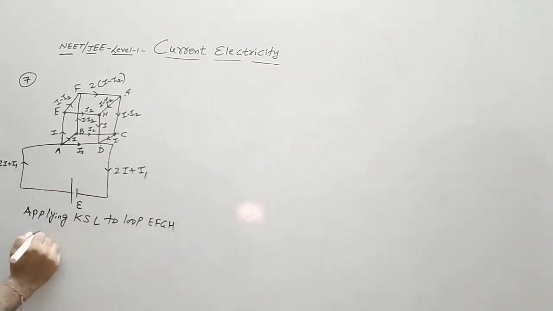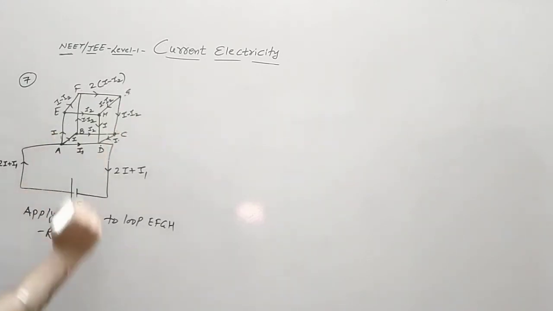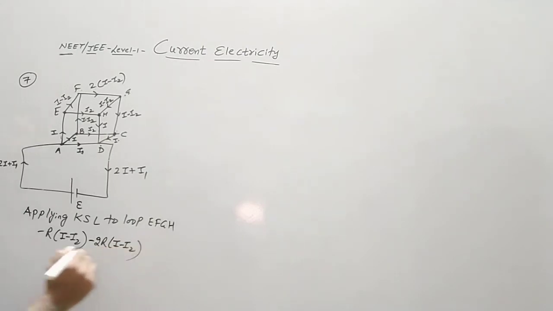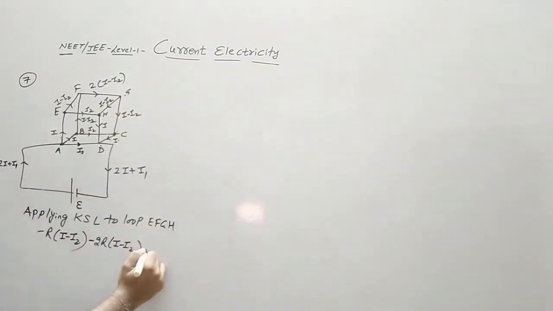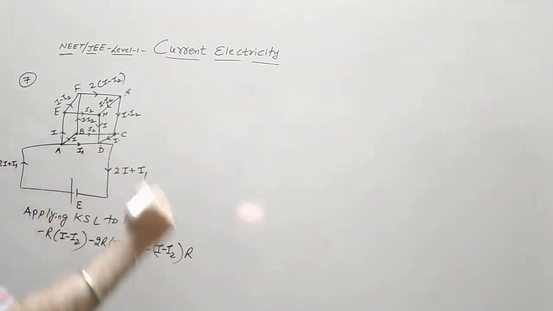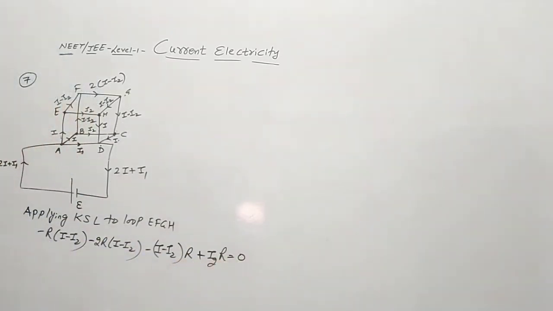In the direction of current, we have minus R times I minus I2. In the direction of current, minus 2R times I minus I2. Then again in the direction of current, minus R times I minus I2. Current comes against, plus I2R, equal to 0.